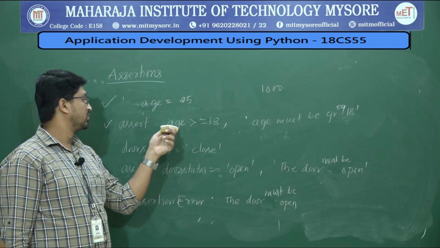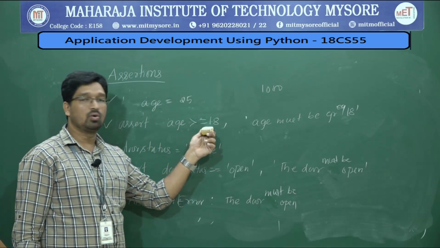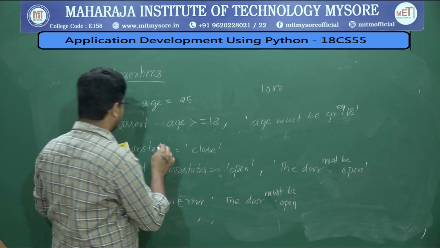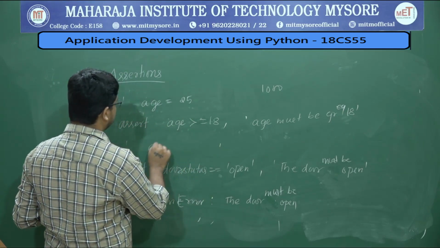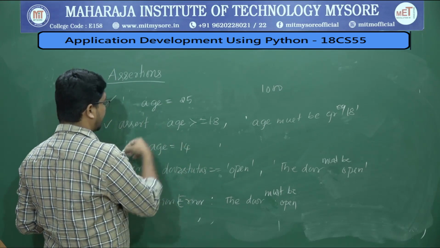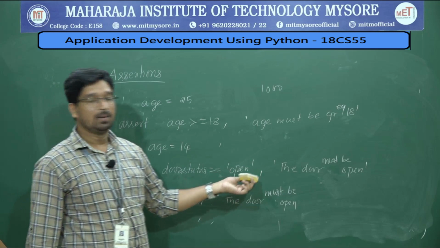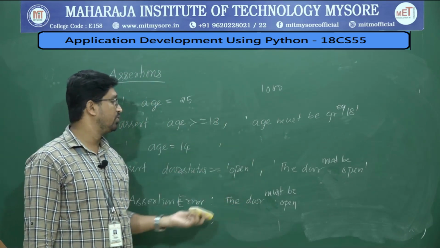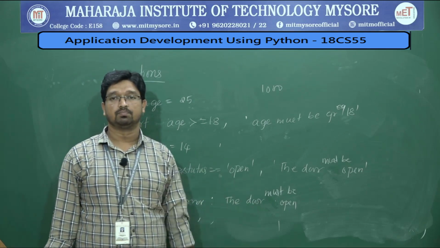Age is 25, so it will check whether 25 is greater than or equal to 18, and I don't get any message. If somebody changes age to 14, and they check the assertion again, you will get a message saying that age must be greater than 18. So this is how you create an assertion.